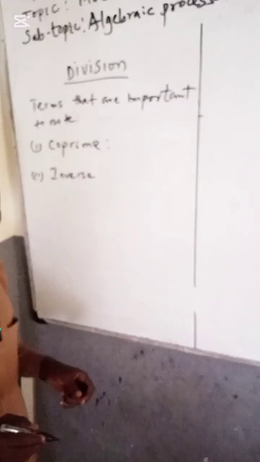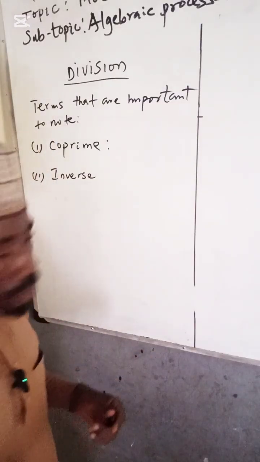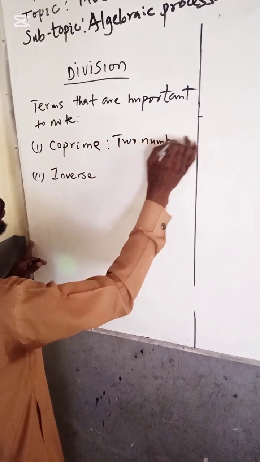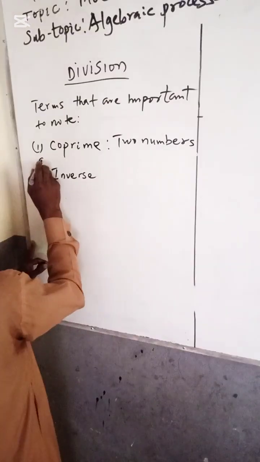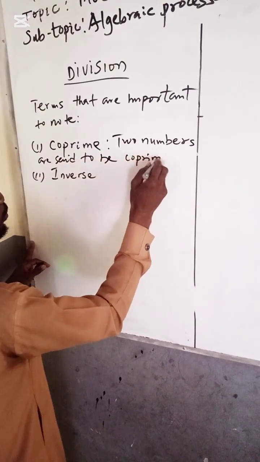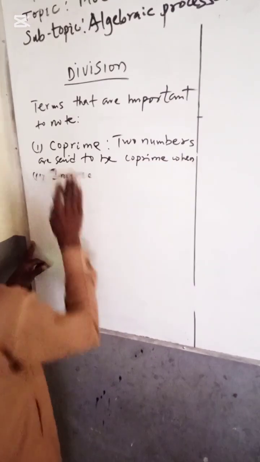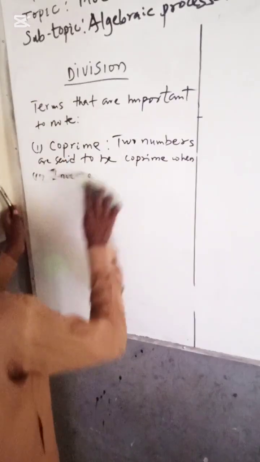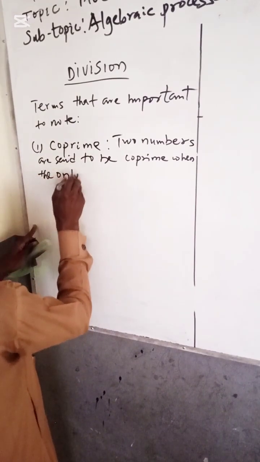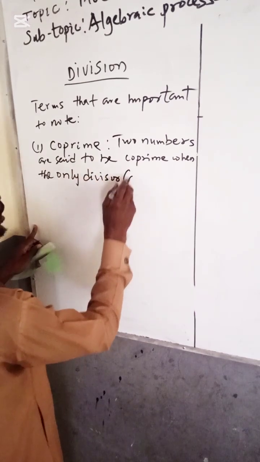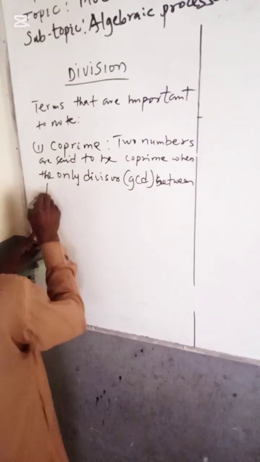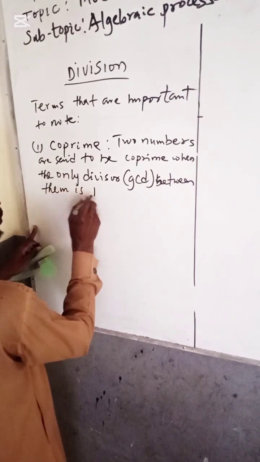What do you mean by co-prime? Two numbers are said to be co-prime when the only divisor, or the greatest common divisor between them, is 1.